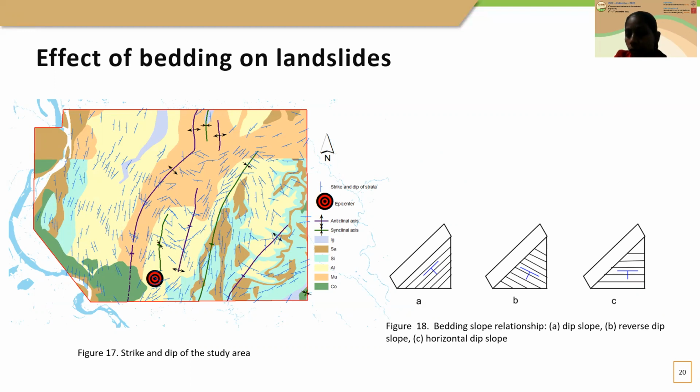So in this research work, we have proposed a methodology to find the relationship between bedding attitudes and terrain geometry. According to our proposed method, we have classified the slope into three types: dip slopes, reverse dip slopes and horizontal slopes.